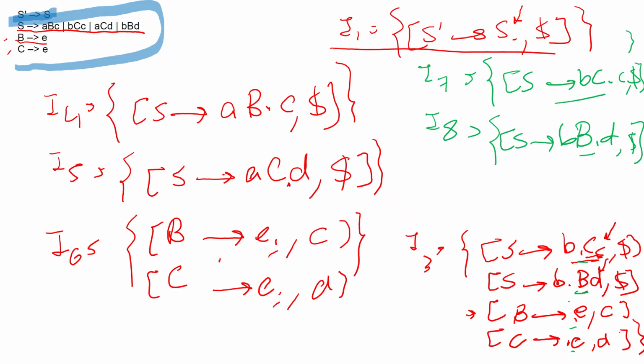Because after the dot we have a terminal and nothing else, so we can do nothing. For the last two things, in fact, we take I9. So we're shifting the dot one step for the double E. It becomes B E dot and C E dot. We put the comma just here, and then we have C and we have D.